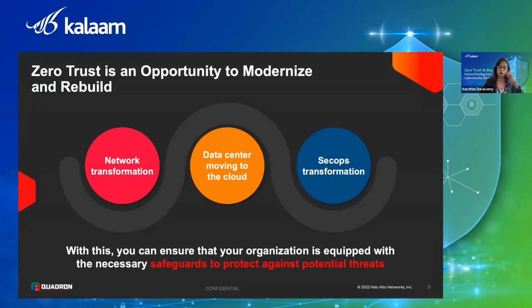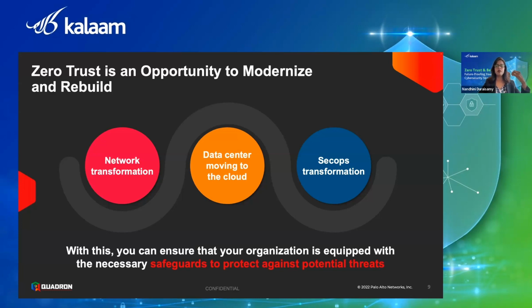off late, when it comes to security, there is a big network transformation going on. First you had the firewall, then you had the next generation firewall. Then the data center started to move to the cloud. Earlier you had security and operations independently, then you had DevOps, SecOps. So when we say we modernize the network, what do we mean by that? Zero trust actually challenges the idea of a trusted network perimeter as a base.